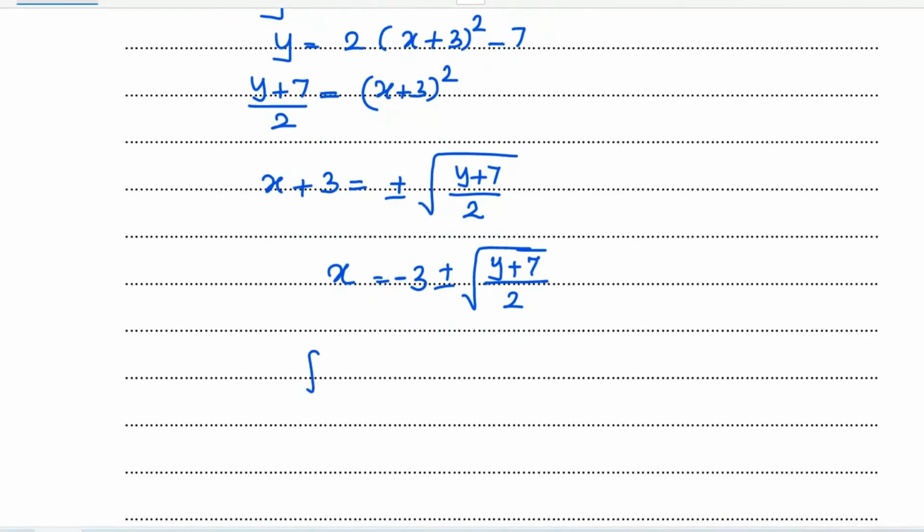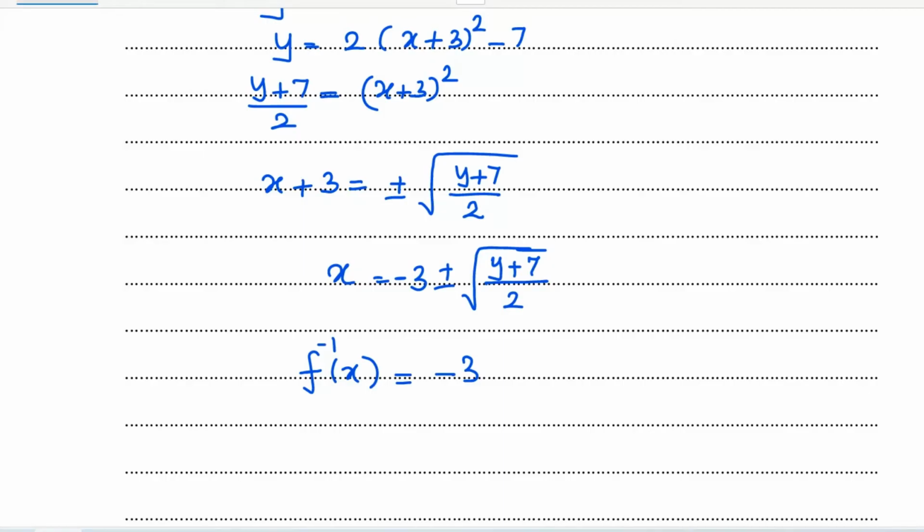So f inverse of x is negative 3. Here we cannot write it as plus or minus. A function should be 1 to 1, then only f inverse exists. So we should not write plus or minus here.